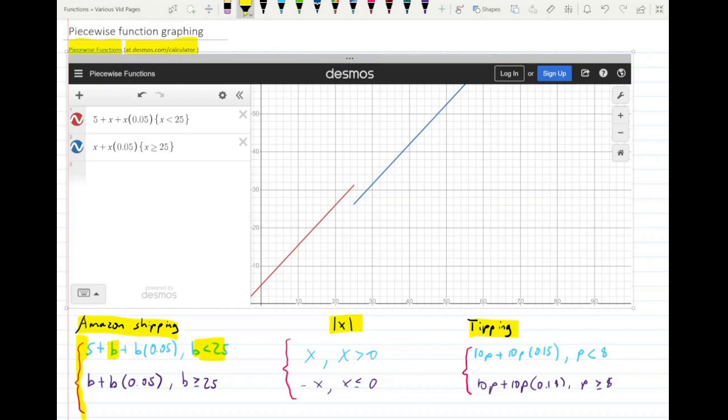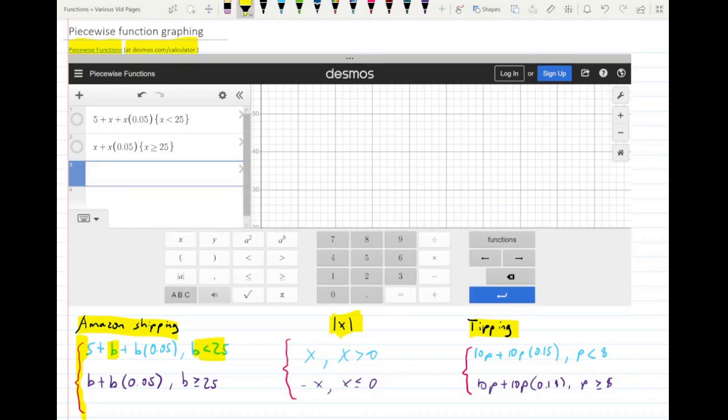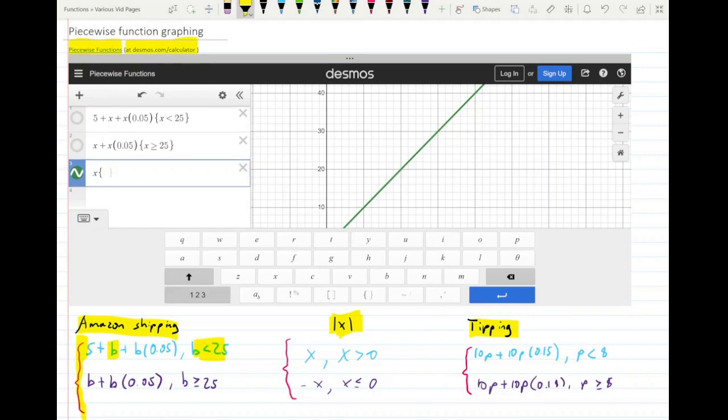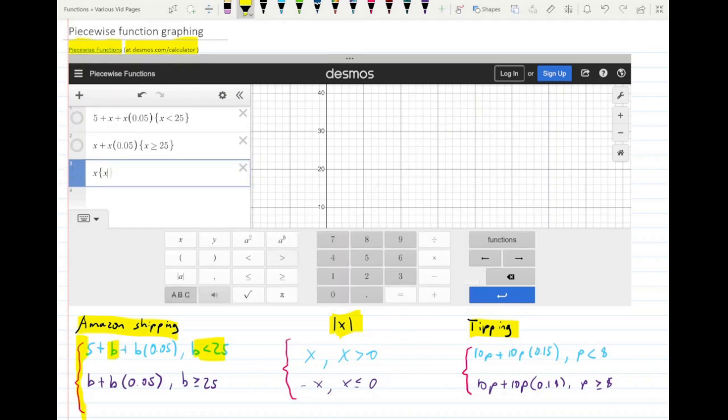Alright, moving on to our next piecewise function, the absolute value of x. We can put in this piecewise function in a similar fashion. So we'll first hide those two, and then type in the equation for the first part, together with its restriction, x is greater than 0.